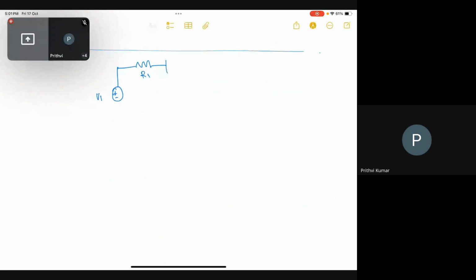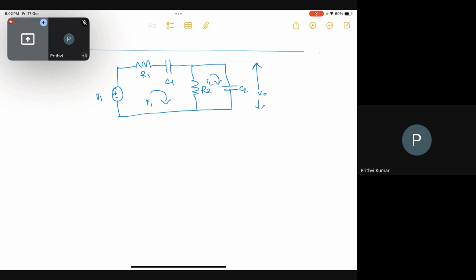Let us practice this electric circuit now. So consider I1 here, I2 here. Can you solve this problem?